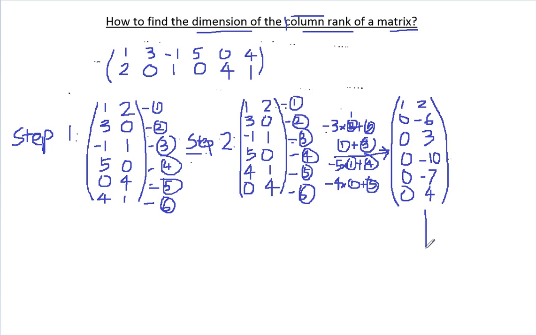To eliminate the 3 in row 3, it is half times row 2 plus row 3.